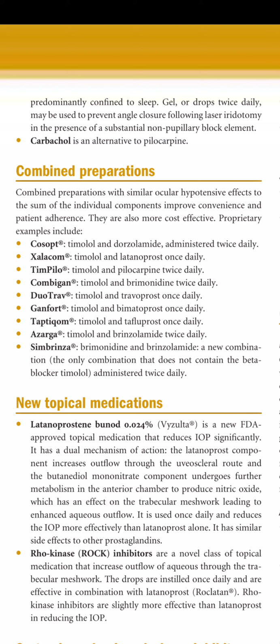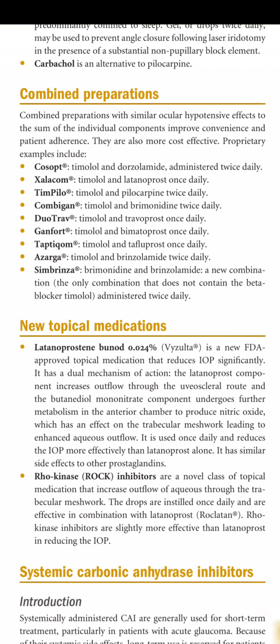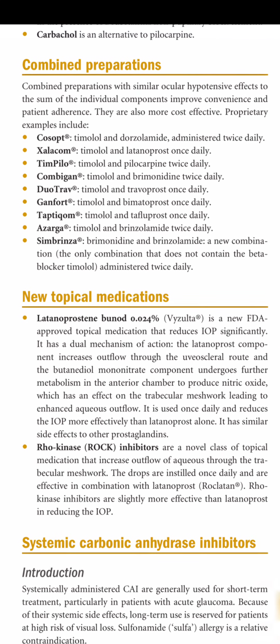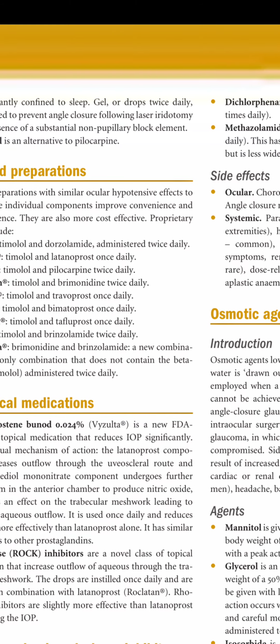So whenever there is going to be a prostaglandin, it is going to become once daily. Then there is Tapcom, timolol and tafluprost once daily, Azarga, timolol and brinzolamide twice daily. Simbrinza, brimonidine and brinzolamide, a new combination, the only combination that does not contain the beta blocker timolol, administered twice daily.